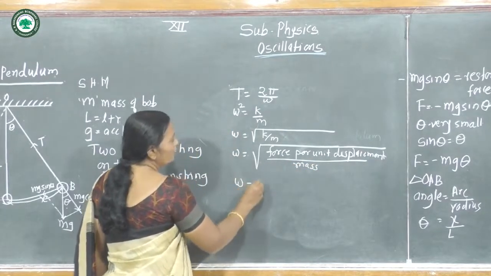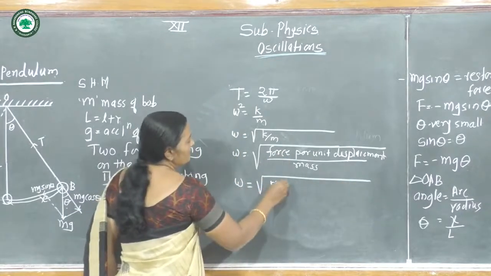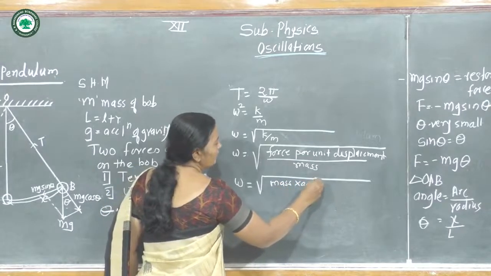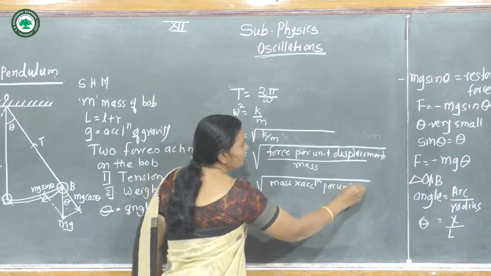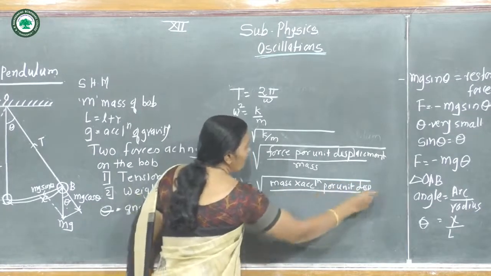Omega is equal to, force can be written as mass multiplied by acceleration per unit displacement, then divided by mass.